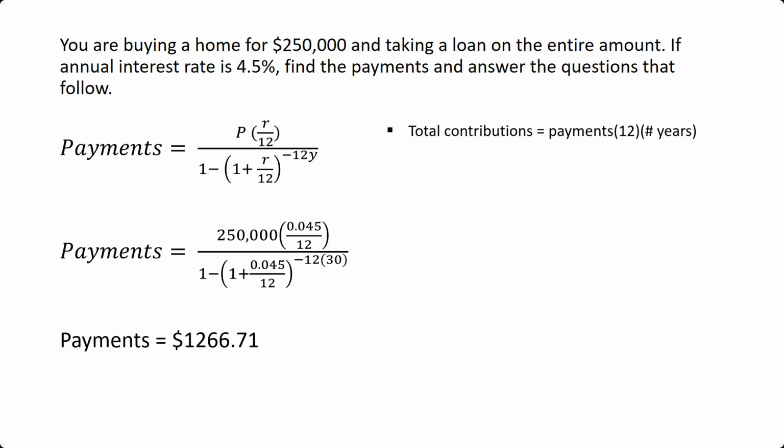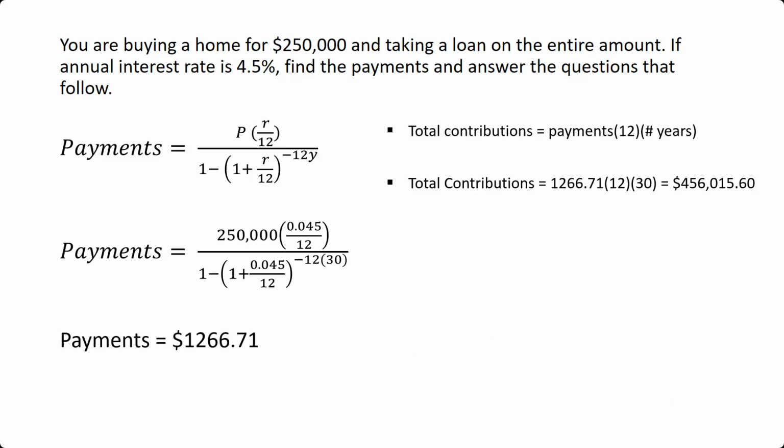Total contributions. So we're paying this every month for 30 years. Your contributions are your payments times 12 because it's monthly, and then times the number of years, which this one was 30. So to get your total contributions, $456,000 for a $250,000 loan.